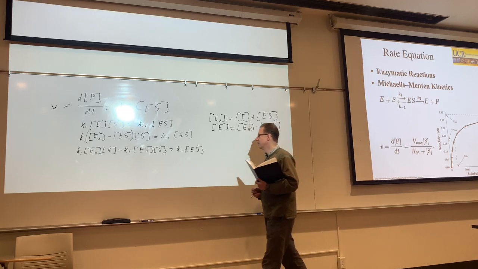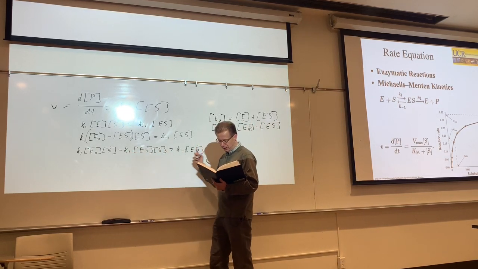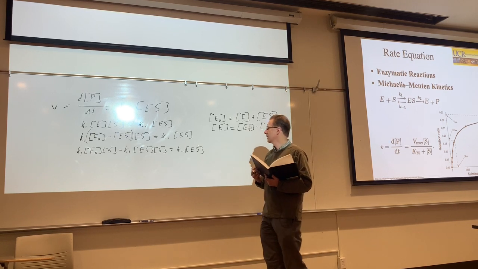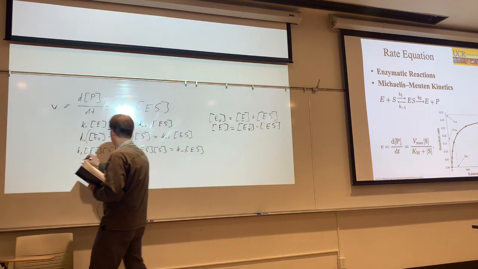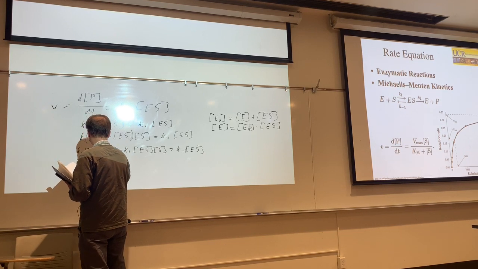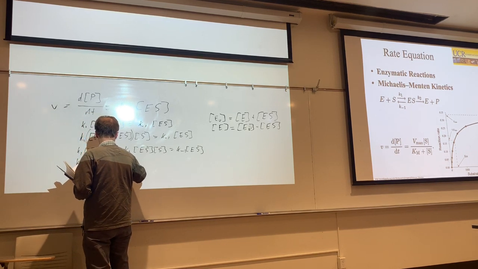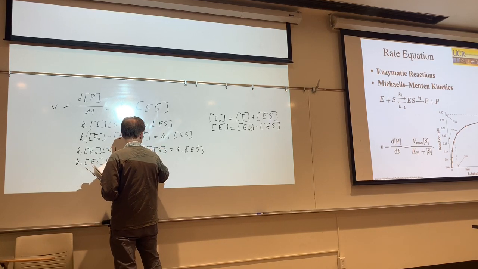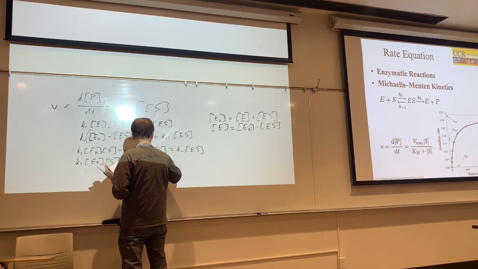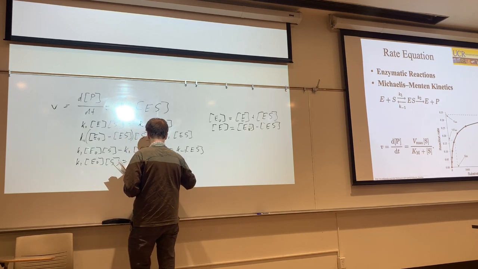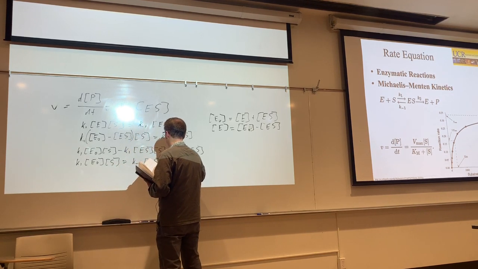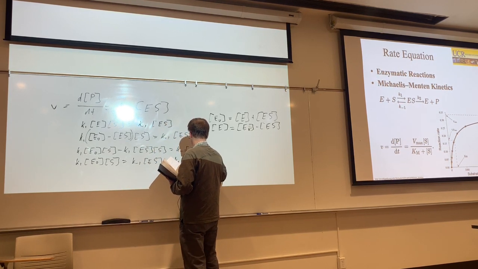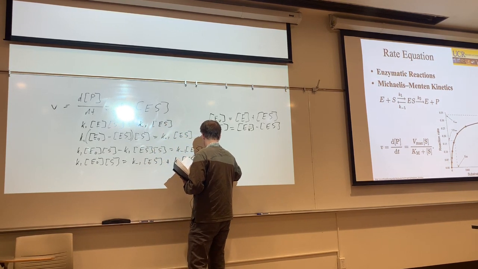And then I need to bring this one here over to the other side. So I have K1 times enzyme total times substrate equals K minus 1 times enzyme substrate concentration plus K1 times enzyme substrate concentration times substrate.